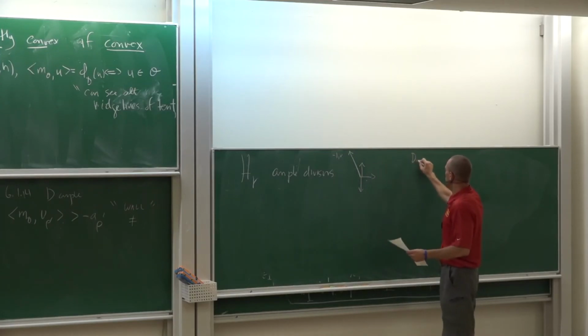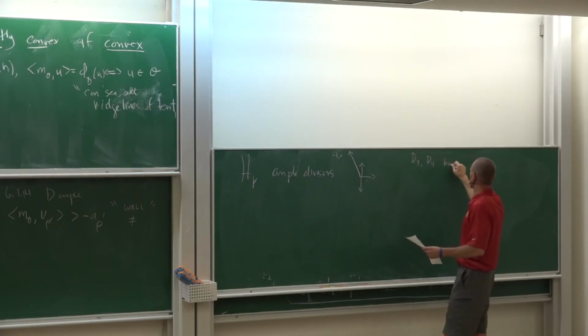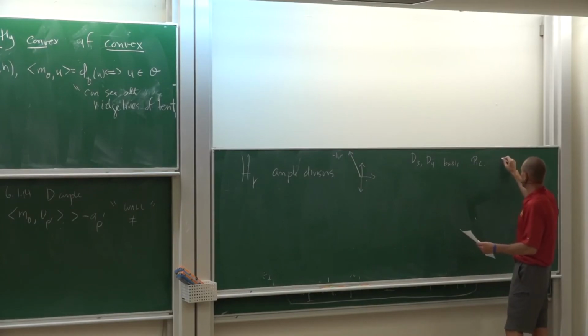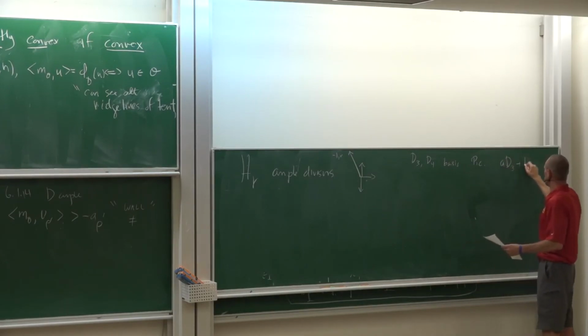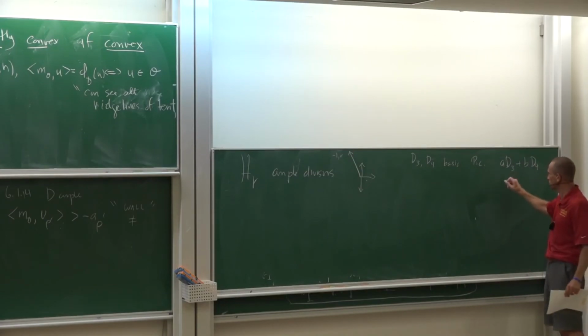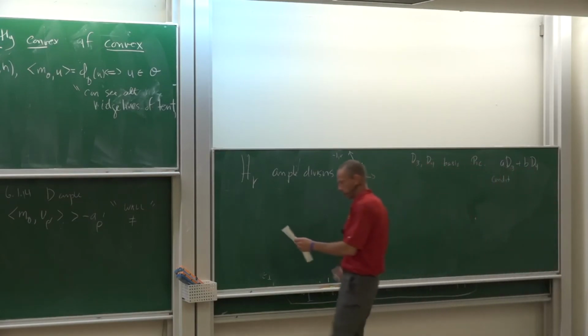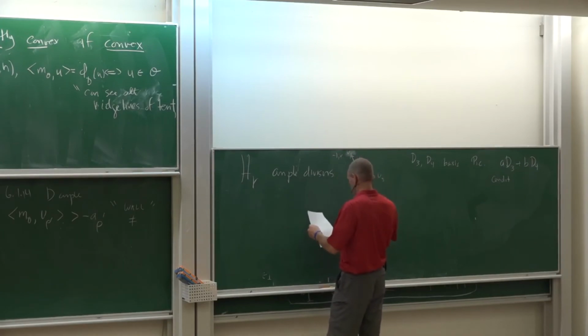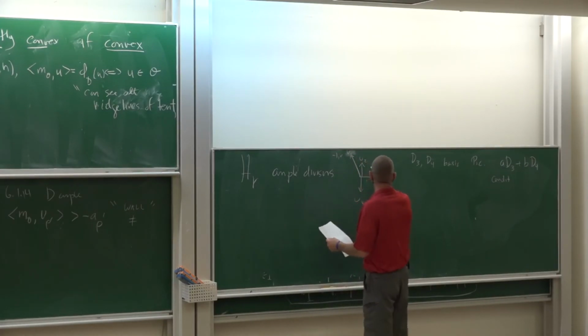We know that D3 and D4 is a basis for Pic. And so I want to consider A D3 plus B D4. So I pick a general Cartier divisor, and I want to know conditions. This is the same labeling that we used before. So this is U1, U2, U3, U4. And I'm going to keep my cones the same. So this is sigma 1, sigma 2, sigma 3, and sigma 4. So same labeling as before.